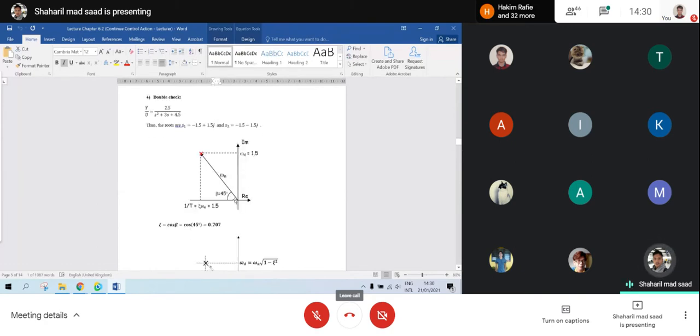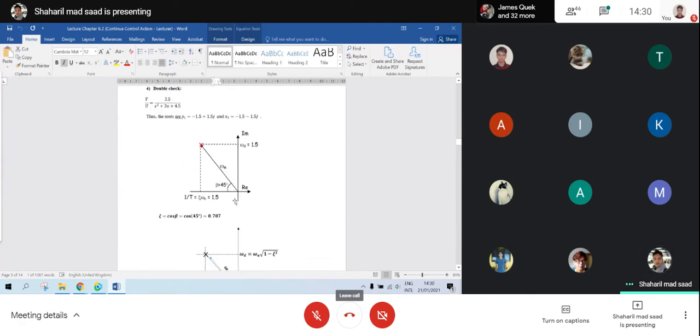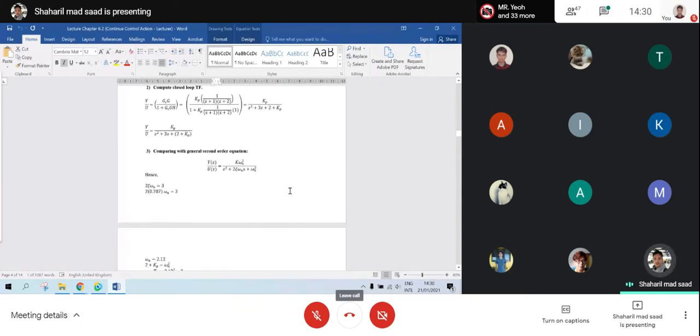The same tip that I want to give you: if you can use MATLAB to draw the root locus, it will be the easiest. For example, in your test 2, if you had time to draw the root locus using MATLAB, you can double check your answer.